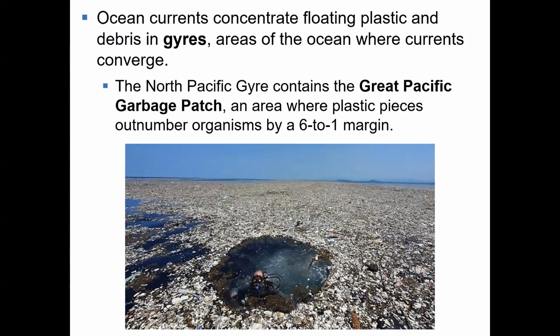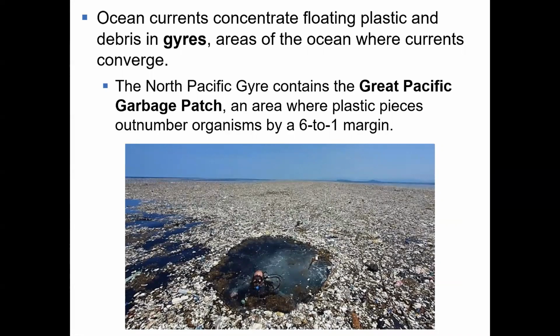In many different areas of the world, we have areas where ocean currents are converging. So many different currents converge in one single area, which acts as kind of a meeting place for these currents. Unfortunately, anything carried along with the water comes as well.